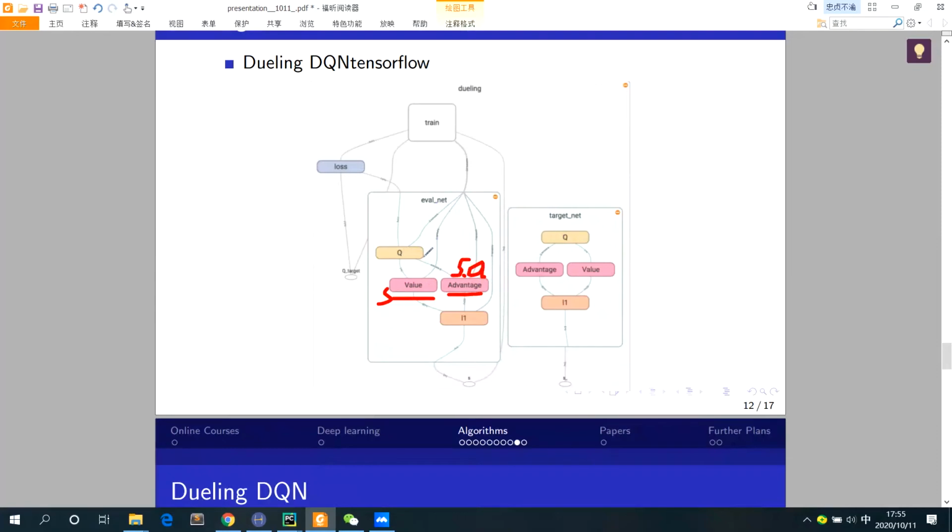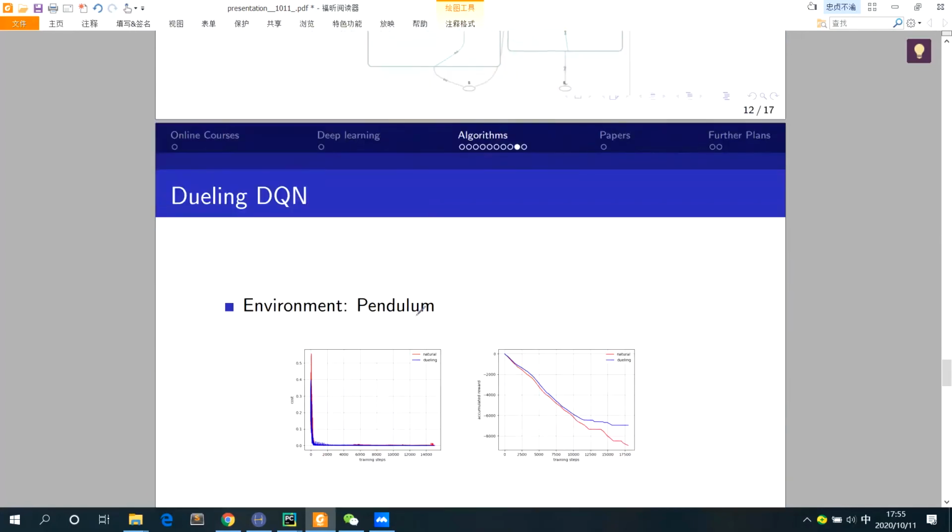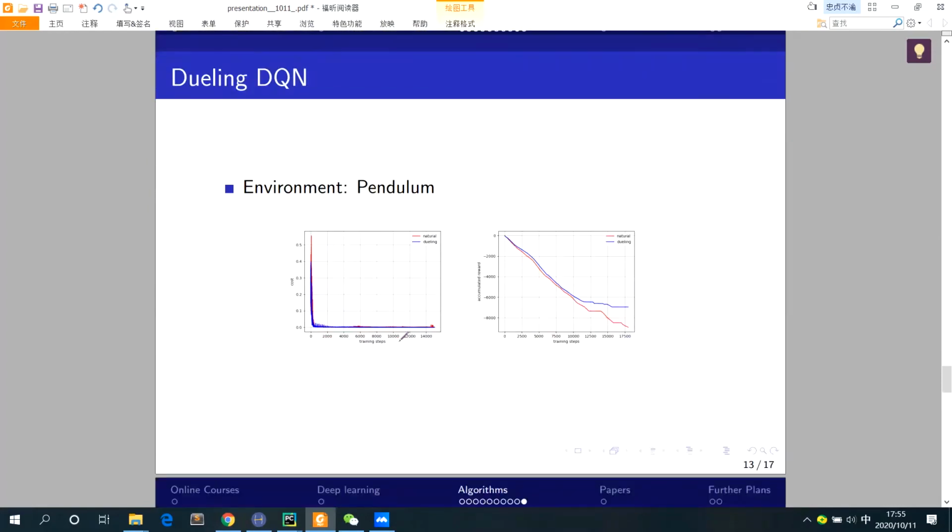We also use the pendulum environment here, and you can see the result in the first picture. The x-axis is the training steps, and the y-axis is the loss function. We can see it converges almost at the same time, but at the end, the loss function of dueling DQN is converged, but the loss function of natural DQN is still a little shifted.